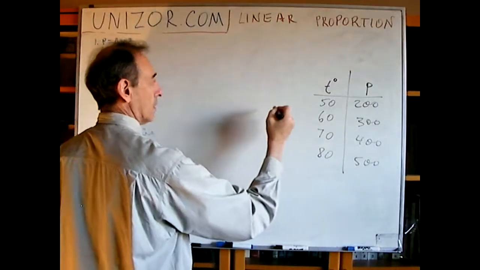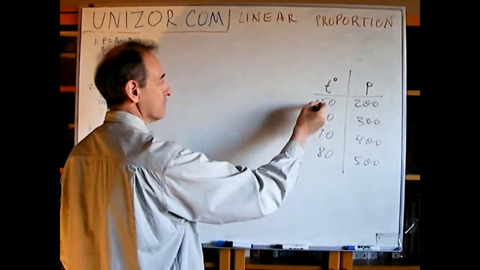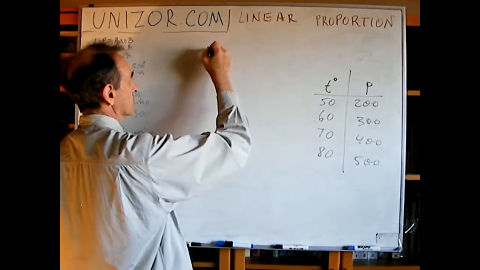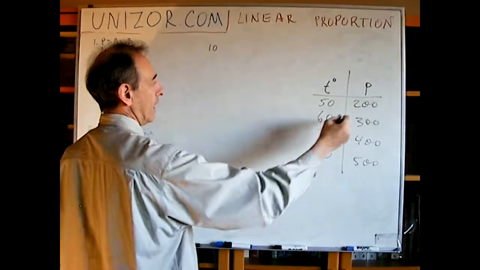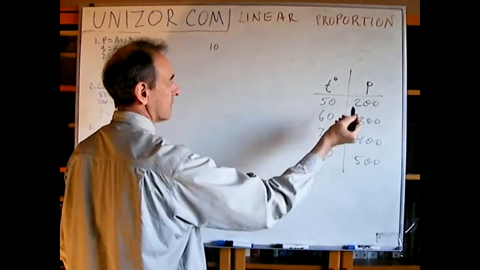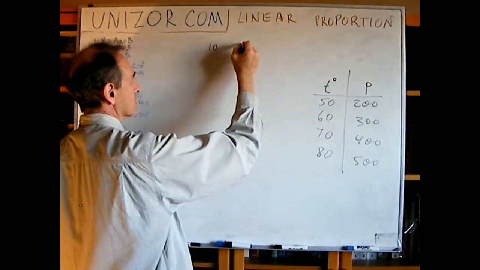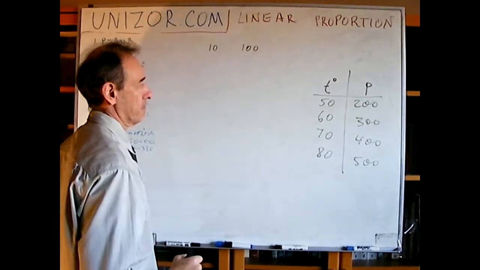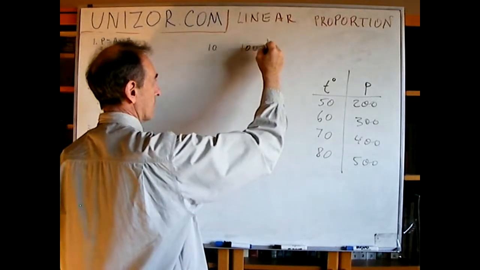Now, the change between 50 and 60 is 10 units, and the change between 200 and 300 is 100 units. So, the ratio is 10.